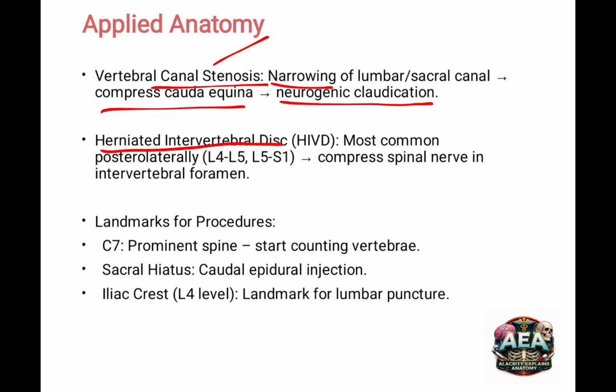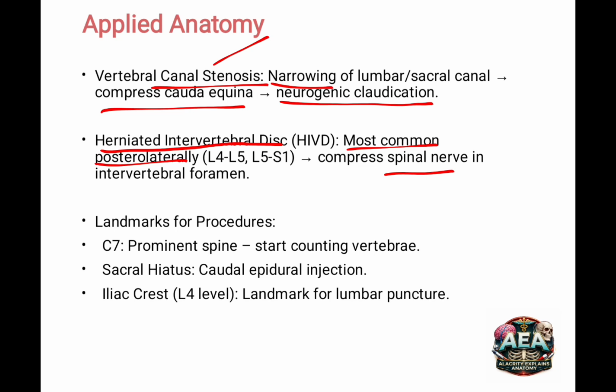Remember, in between the vertebrae are intervertebral discs. The disc consists of an inner part and an outer part. The inner part can easily herniate, and it is the most commonly herniated part. This is commonly posterolateral, and it can compress spinal nerves in the vertebral foramen and cause loss of sensation and motor function.